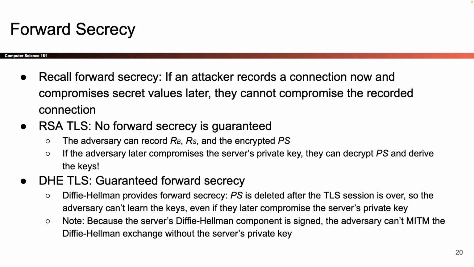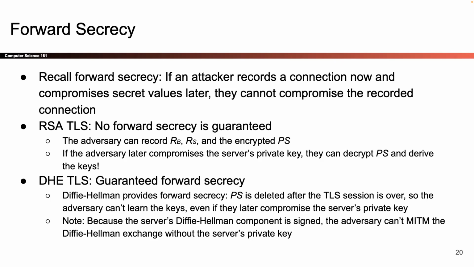And because this attack is possible, the security property of forward secrecy is not guaranteed for RSA TLS. The main problem here is that the private key is a long-term thing. It's usually kept around for a long time. So if you encrypt something with the public key and expect someone else to use their long-standing private key to decrypt it, then if the private key gets compromised, you might have bad news.